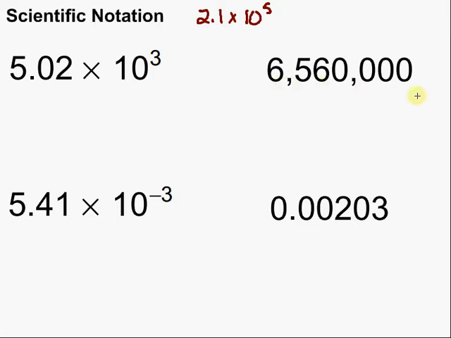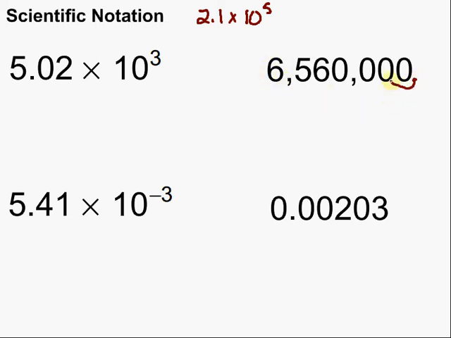So right now the decimal in this number is right at the end of it. If it's not written, remember it's at the end, right here on the right side. Then we need to figure out how many places we need to move it in order to get between this 6 and 5. We want one non-zero digit to the left of the decimal.